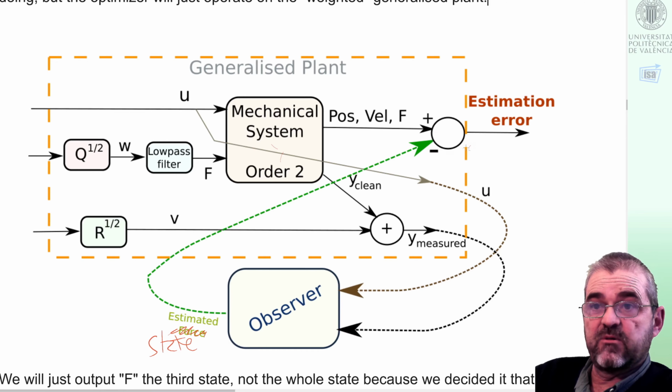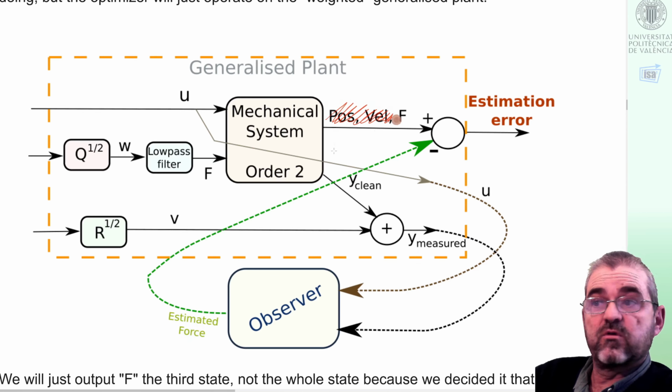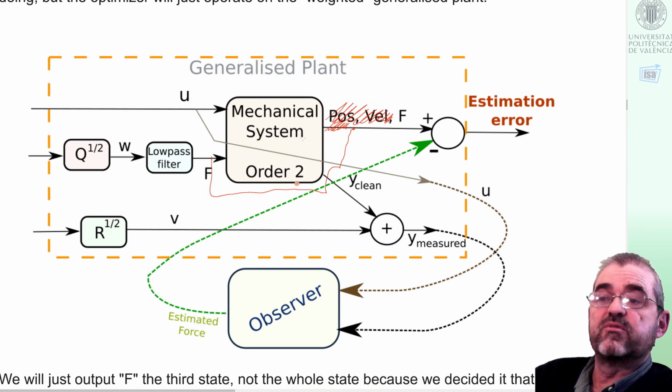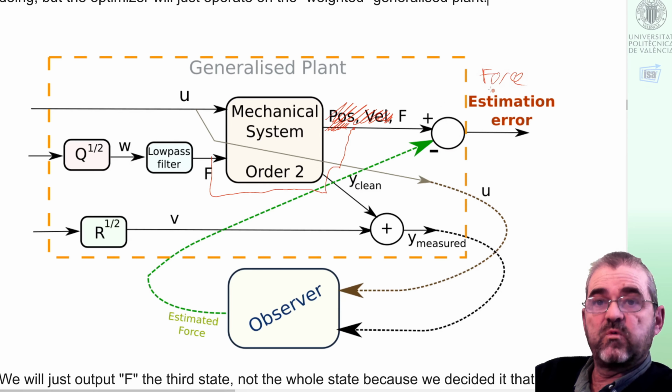But okay, in our case, we will restrict to estimating a force and we will output just the force, so it's sort of short circuit here because it's actually an input to the second order system. So we will concentrate on minimizing this force estimation error.